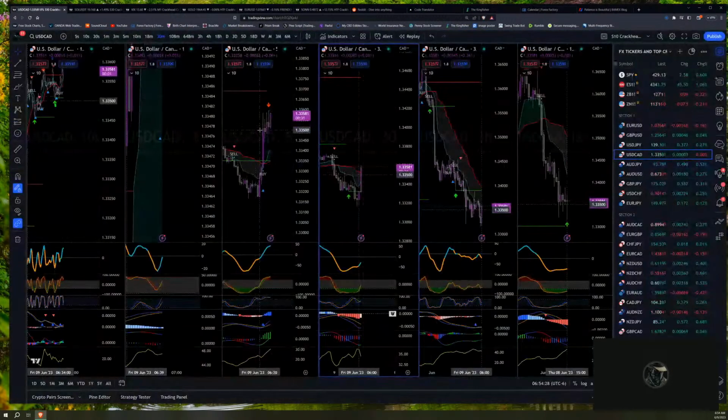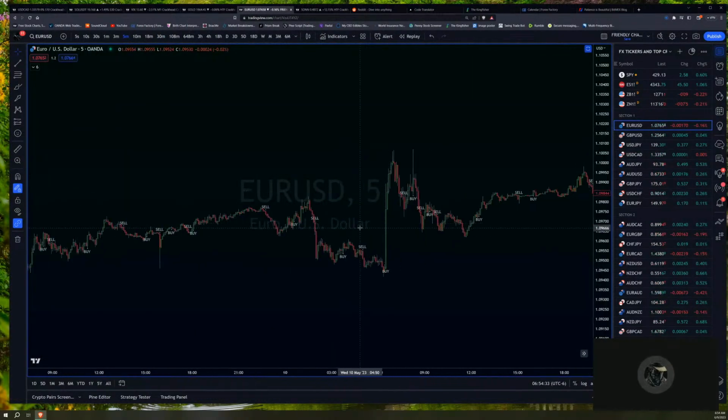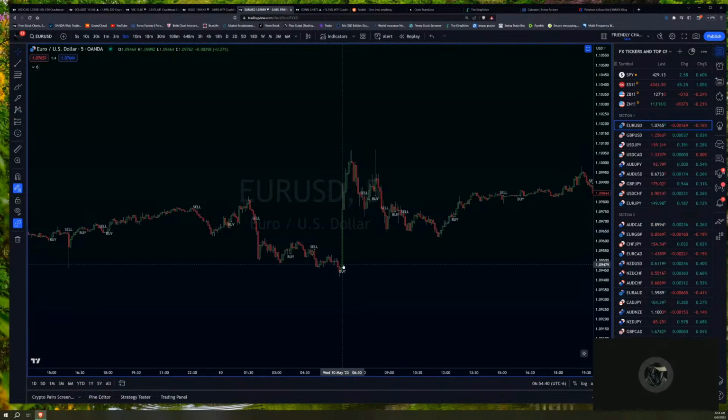However that was interpreted, even though it was mixed and it might be hard to think what's going to happen with that, you had this massive spike up.